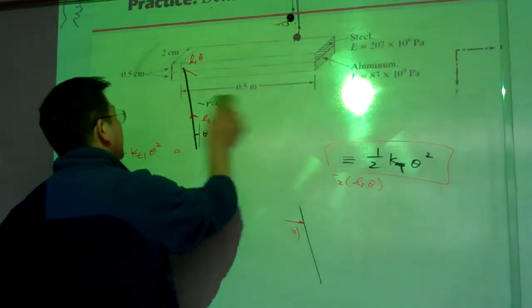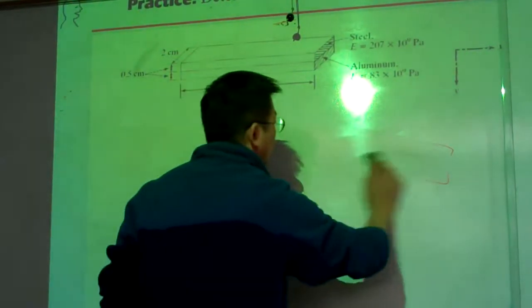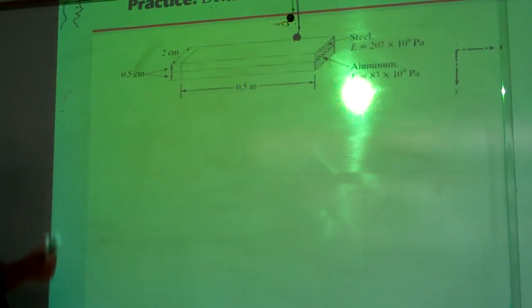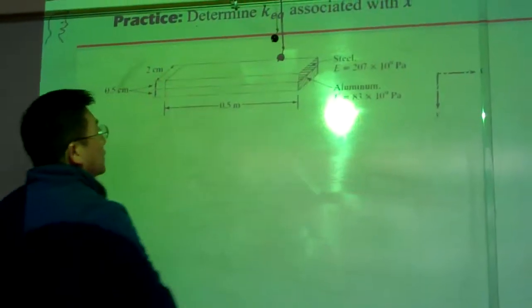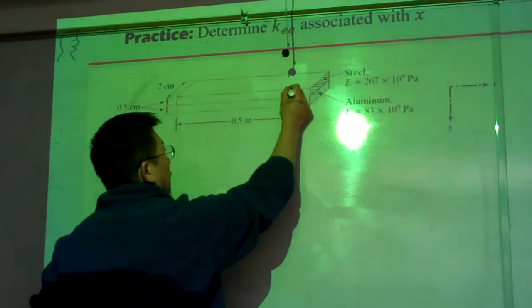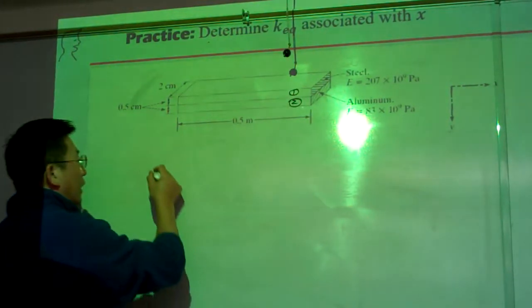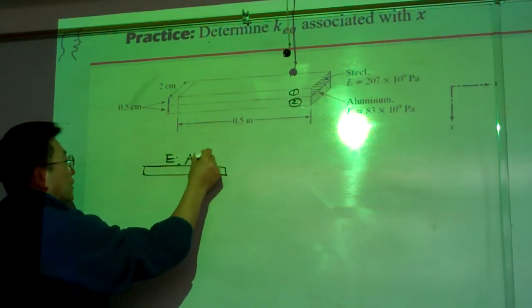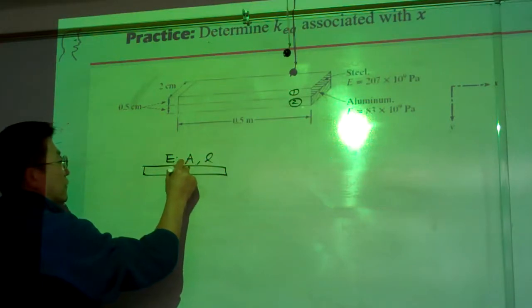This one, we want to formulate the equivalent spring, and this is an elastic bar. So tell me first, this is the material 1, this is the material 2, and we know that this is a bar, and say E, A, L, A is a cross-sectional area, okay?